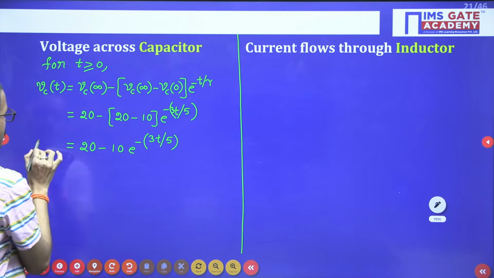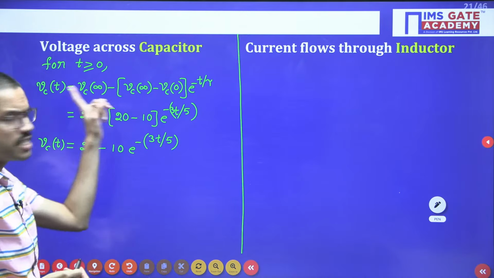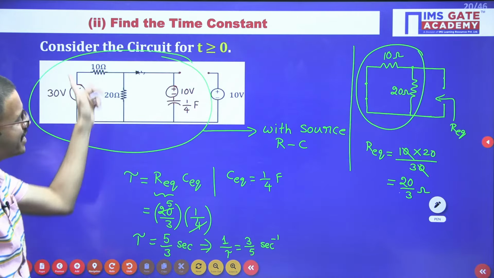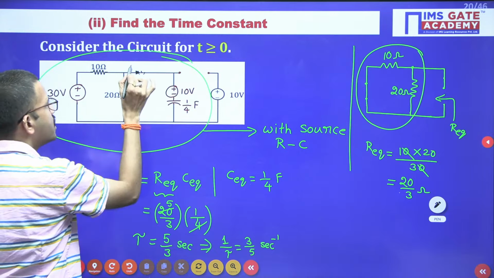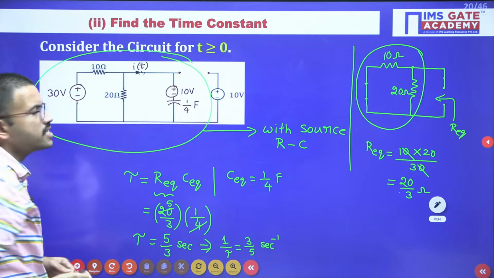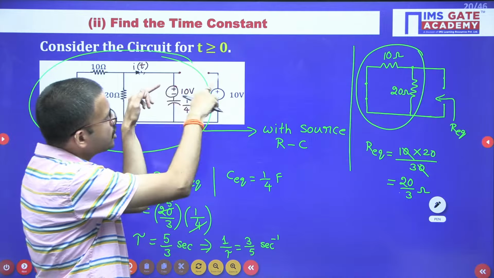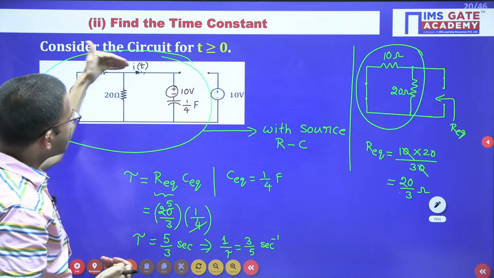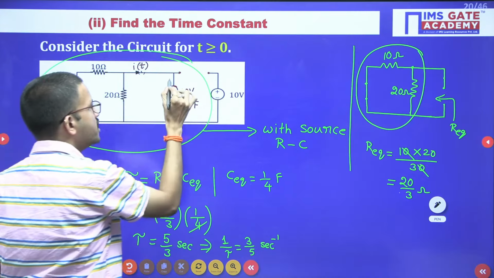So this is the voltage across the capacitor for t greater than or equal to 0. Now in this question, for t greater than or equal to 0 you have a circuit diagram like this. According to the given question, the current flowing in this particular branch is mentioned as I of t. But since for t greater than or equal to 0 there is no connection between these two points, which was kept open, whatever current flows in this branch, the same current flows like this, in the capacitor.